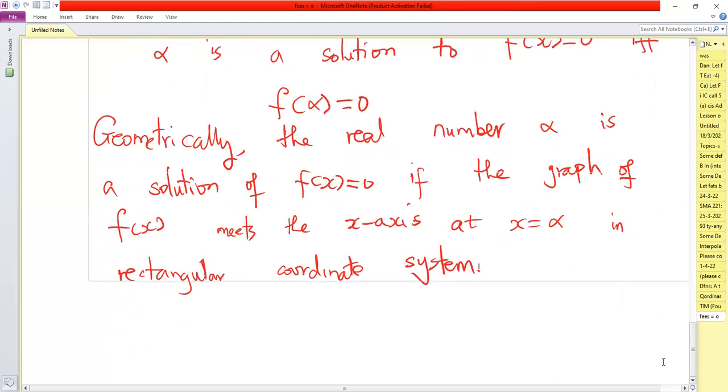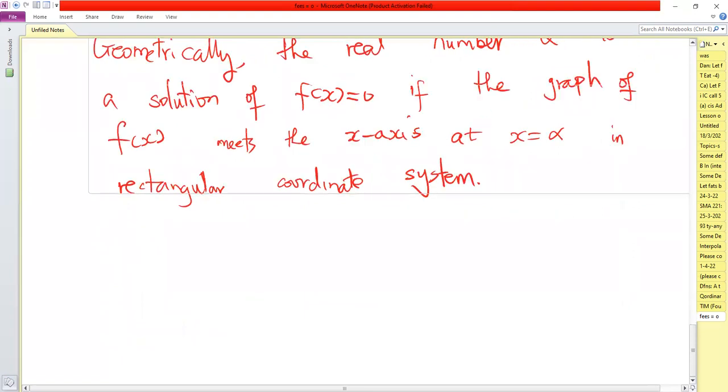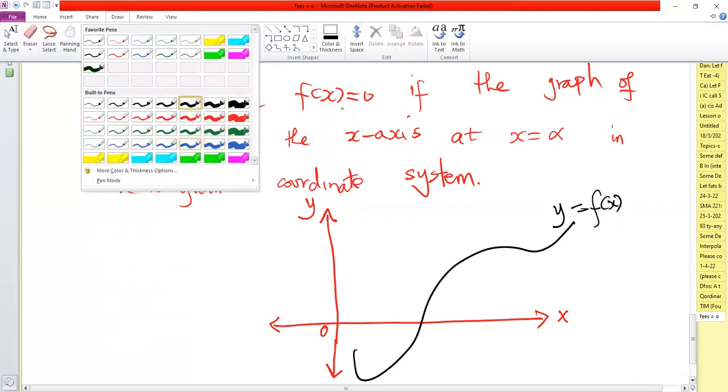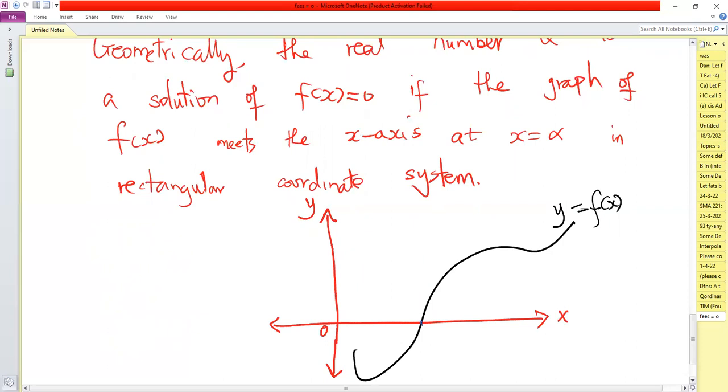So for instance, if this is the graph, with the y-axis and this x-axis, and then you have a graph, this is an arbitrary function f of x, so y equals f of x. Then if you say alpha is the solution of the equation f of x equals 0, this is the point where we have alpha, where the graph meets the x-axis.